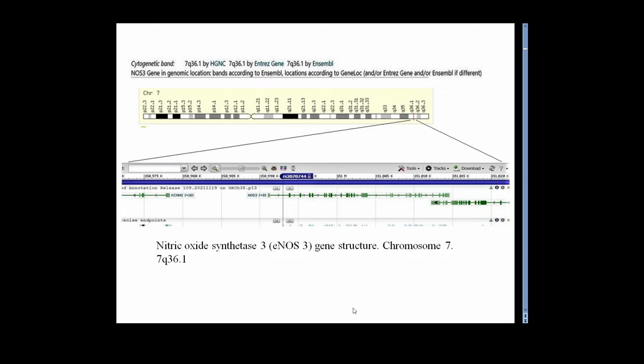If you calculate, introns are dark green, but exons participate in protein structure, and there are a lot of light green exons which do not participate in protein structure and will be excised after transcription.